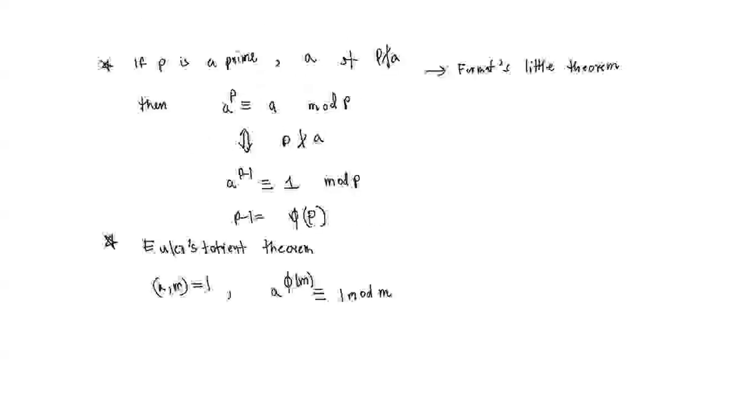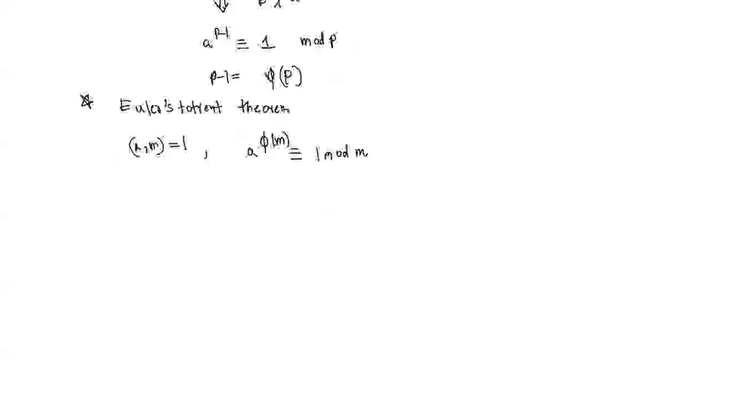So we can see that if I have two numbers A and M, then there exists a D such that A to the power D is congruent to 1 mod M. Well, how? We know that there is one candidate, which is phi of M. By Euler's totient theorem, A to the power phi of M is congruent to 1 mod M. So one such D exists.